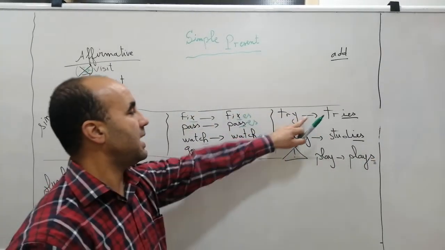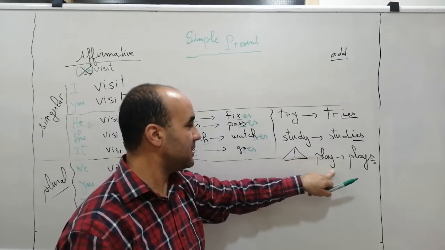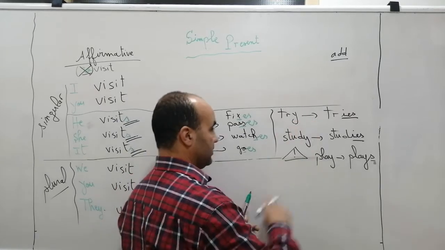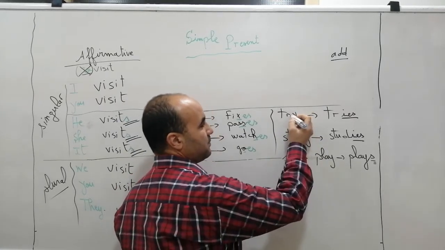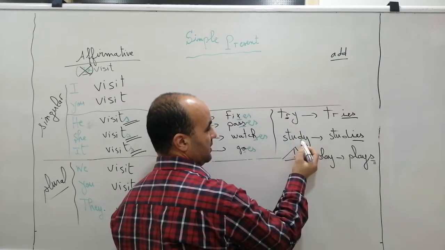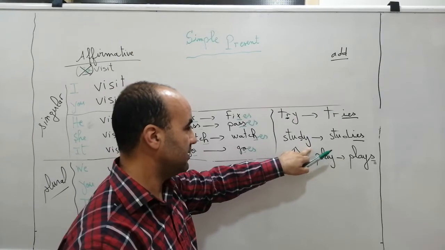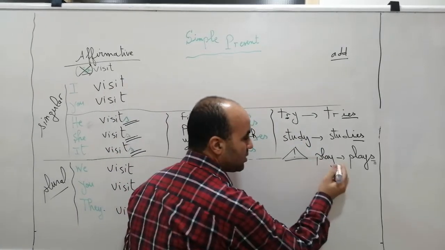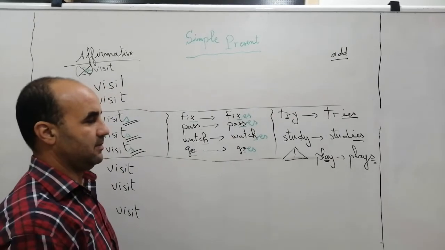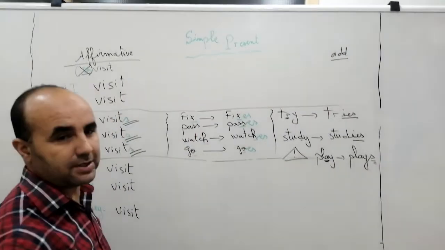Look, try, study, tries, studies, but play the same ends in Y. Simply because this Y is preceded by a consonant. لأنها Y قبلها consonant. But this Y is preceded by a vowel. Okay? Play, plays. You know consonants and vowels?